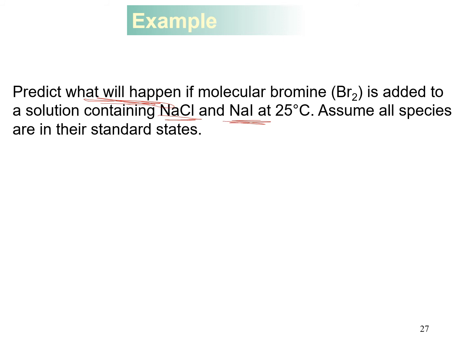Now again, if you see this question by itself, let's say you're seeing this question in the final exam, you would not know what chapter this question is from. The question could be from equilibrium. Chemical equilibrium also tells you which direction the reaction will go. Thermodynamics also tells you which direction the reaction will go. Electrochemistry also tells you which direction the reaction will go, right?